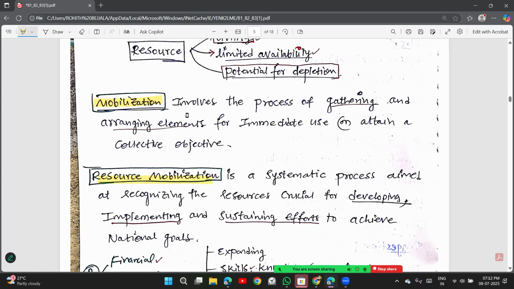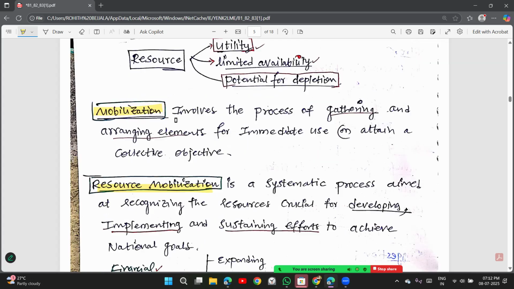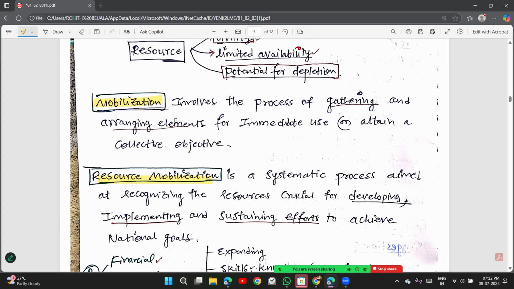What is mobilization? From the keyword perspective, -ization denotes a process. Mobilization comes from the word mobility, which means movement.